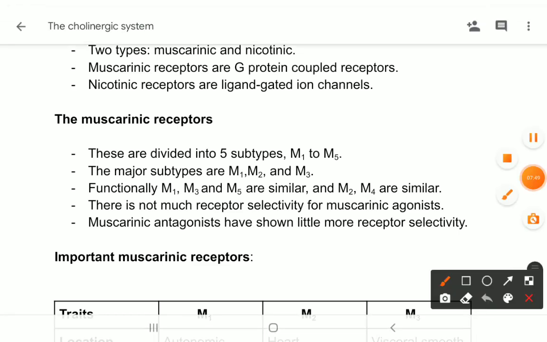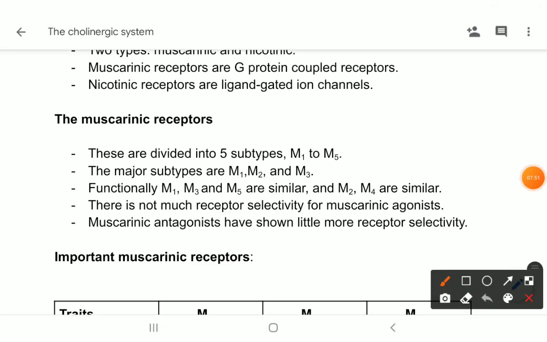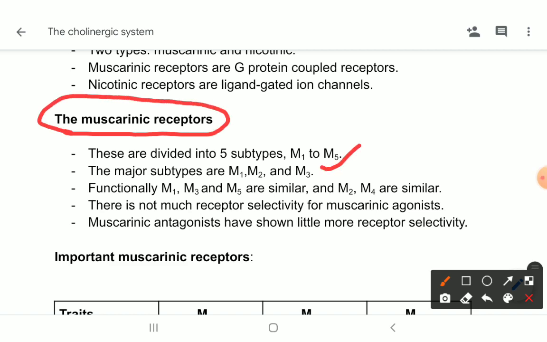Let's talk about the muscarinic receptors. The muscarinic receptors are again divided into 5 subtypes from M1 to M5, but the major subtypes are M1, M2 and M3. Here the M1, M3 and M5 are functionally similar, and M2 and M4 are functionally similar.